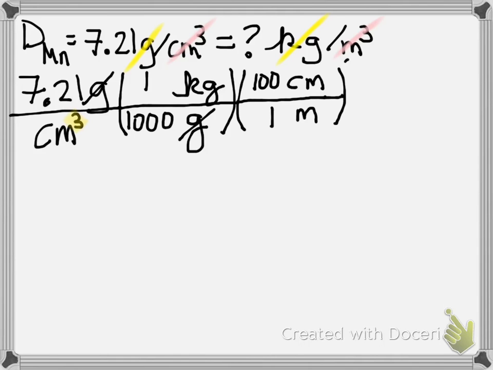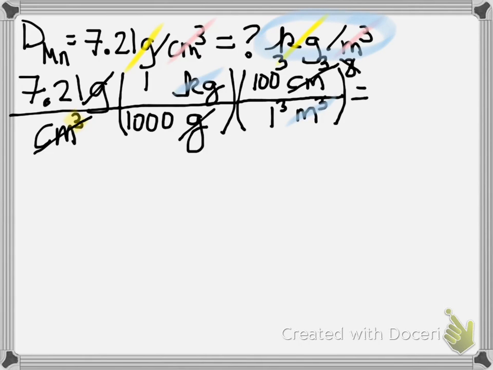The way to fix that is to cube this whole conversion factor. Now, because my cube is on the outside of my parentheses, I need to bring it inside my parentheses, which means I have 100 cubed, centimeters cubed, 1 cubed, meters cubed, and I've gotten rid of that cube. So now, my answer is in kilograms per meter cubed, which is what I wanted.